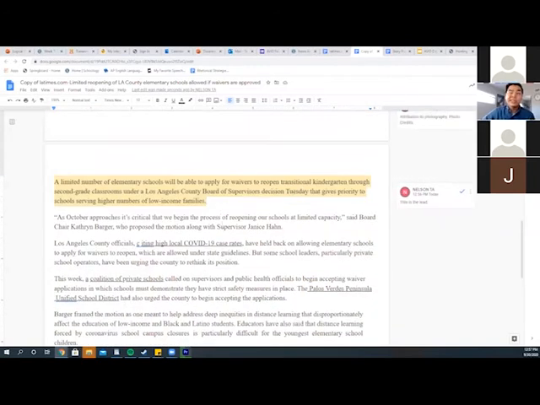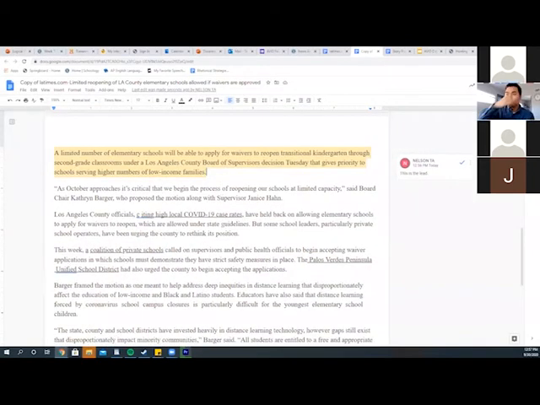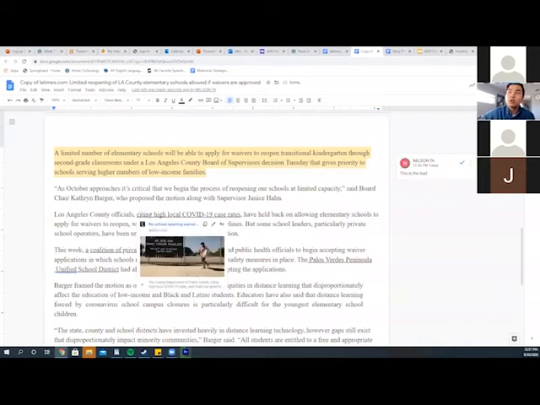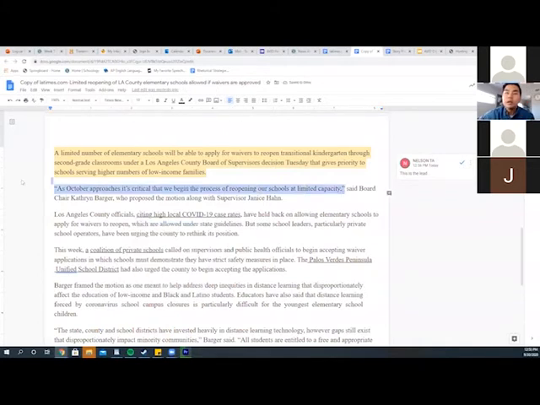This article doesn't have a nut graph, which is okay. But the nut graph usually gives us more information. What we then have is a quote. So as October approaches, it's crucial that we begin the process of reopening our schools at a limited capacity. So we're given this is our lead quote. So our first quote should be important.